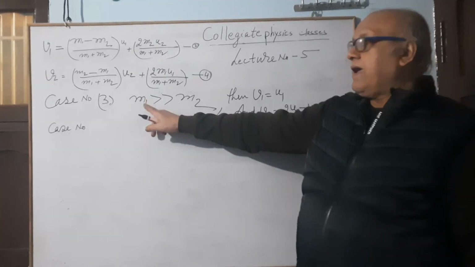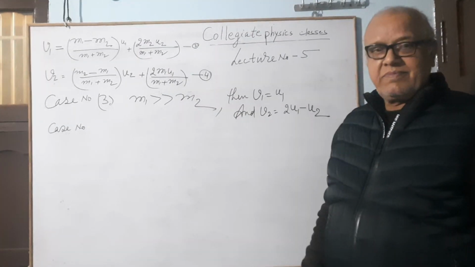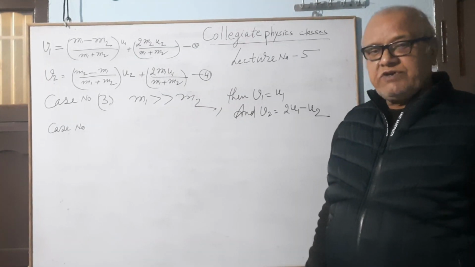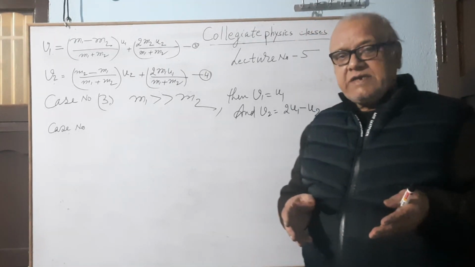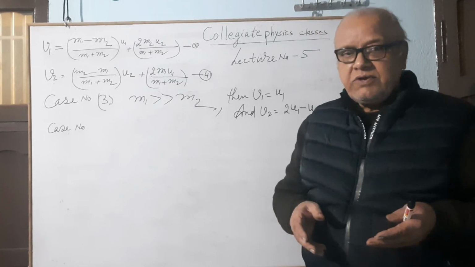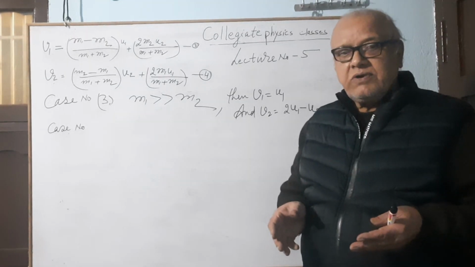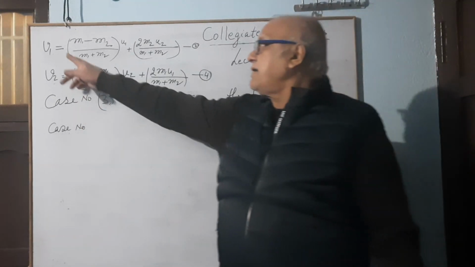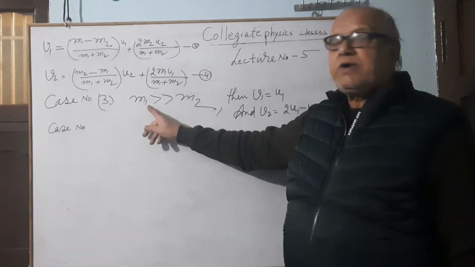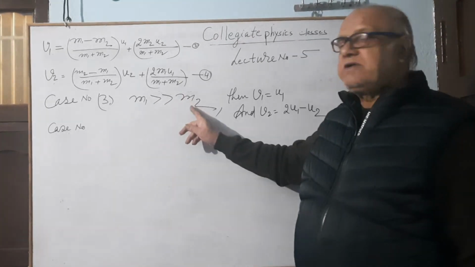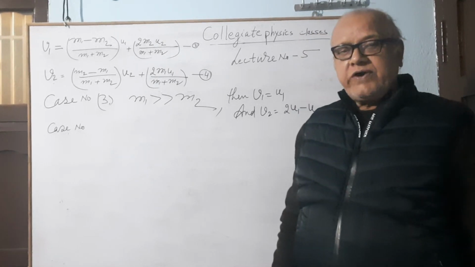Suppose that m1 is greater than m2. The rest of the situation is the same. That is, the two bodies are making a head-on collision along a straight line. After collision, their velocities are v1 and v2. Now we assume that m1 is very large in comparison to m2.